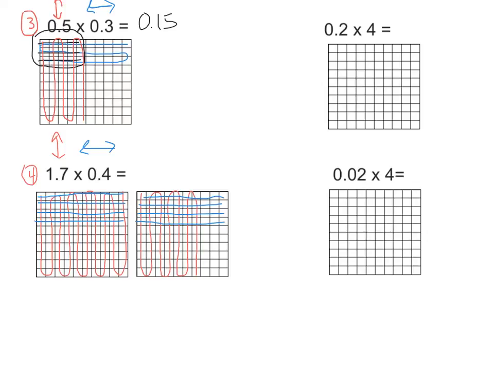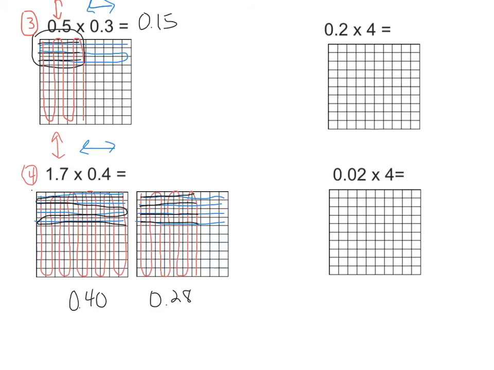So I know this is 10, 20, 30, 40 hundredths in this grid. And then over here I have 7, 14, 21, 28 hundredths.